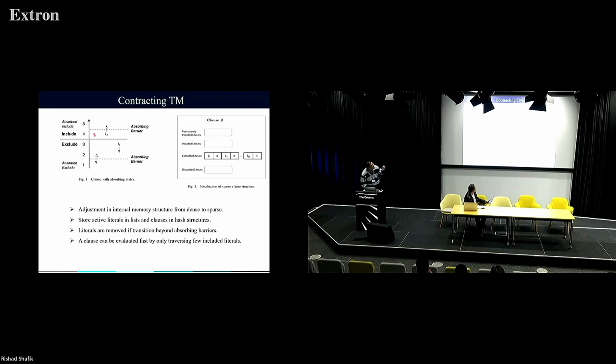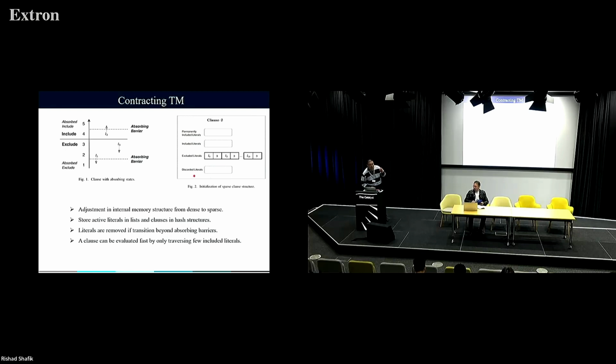If we are above this line, the literal will be included forever, and we won't have a chance to get back. So the literals will be organized in this way: excluded literals, included literals, permanently included ones, and discarded literals.